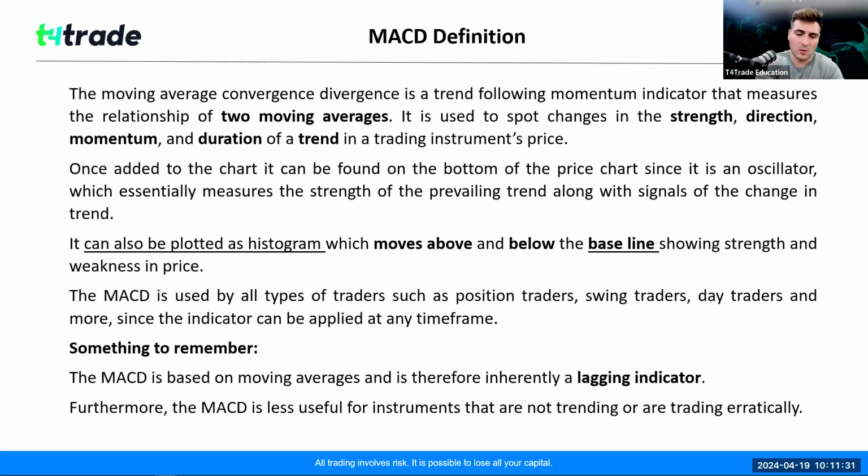Okay, so the MACD is used by pretty much all types of traders. It does not discriminate against people that like to place orders or open positions or close positions on either a short time frame, medium or long term. So it has usage on any given time frame. So scalpers are actually using it. Position traders are using it.